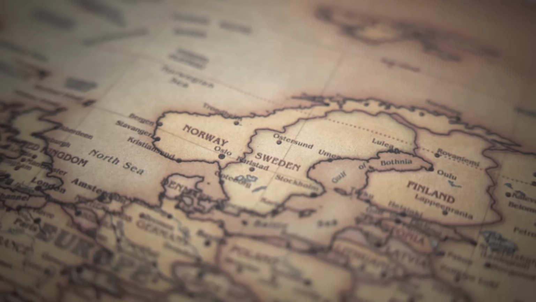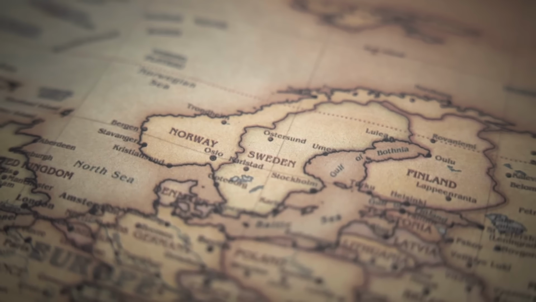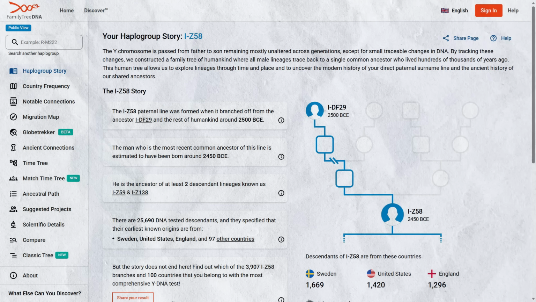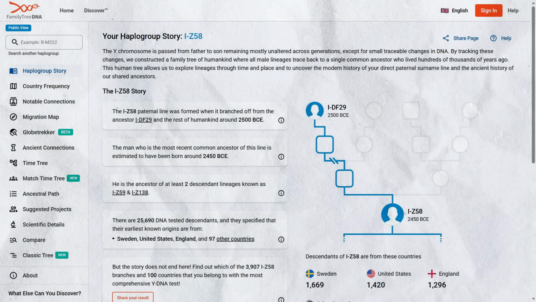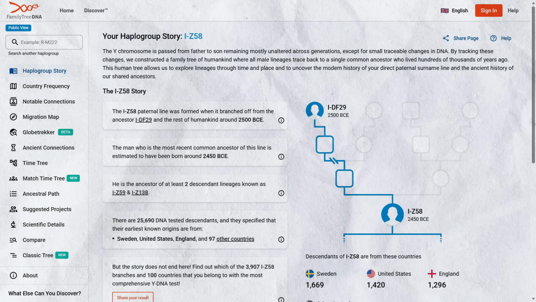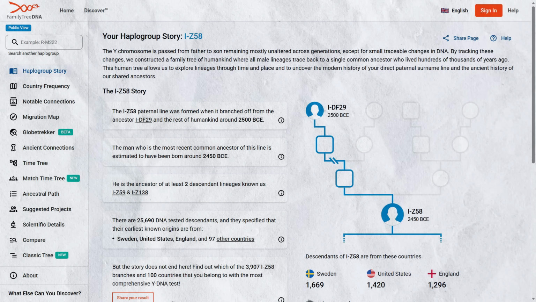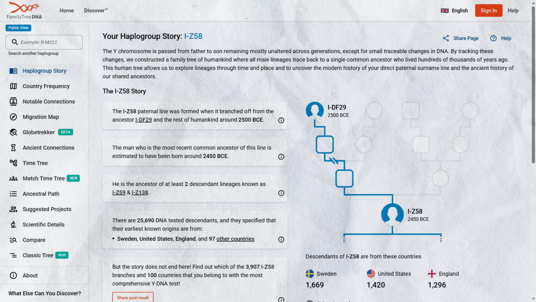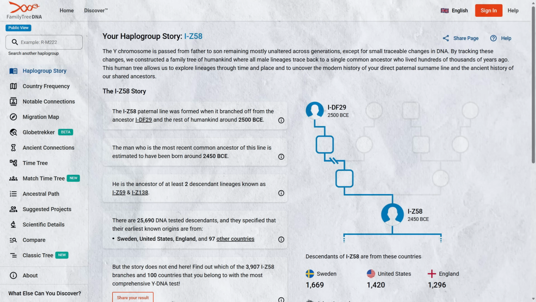Now if we turn to haplogroup I1, two key branches are important. I1Z58 is considered more of a West Germanic Saxon branch of I1. This subclade is the primary I1 lineage found in England, particularly in central and southern regions.